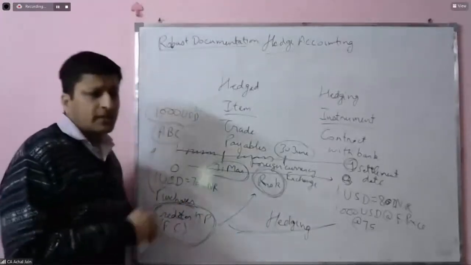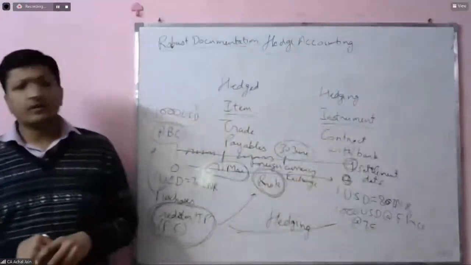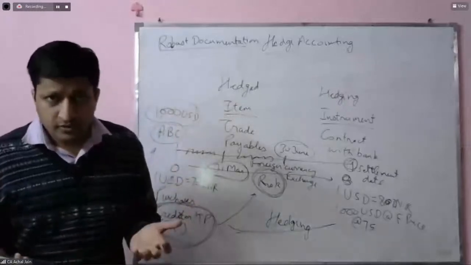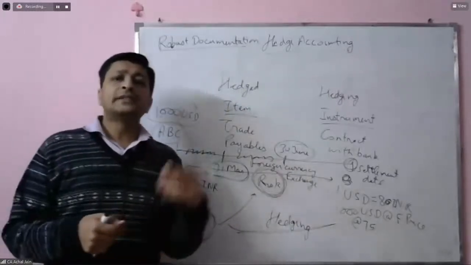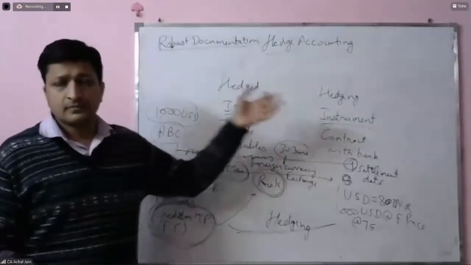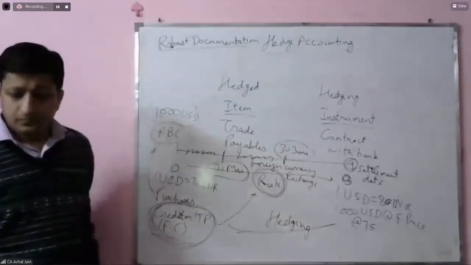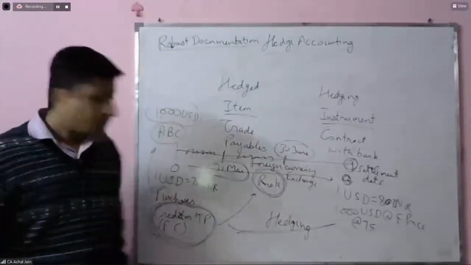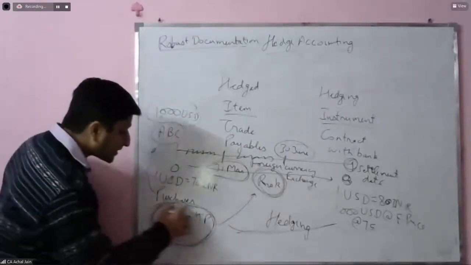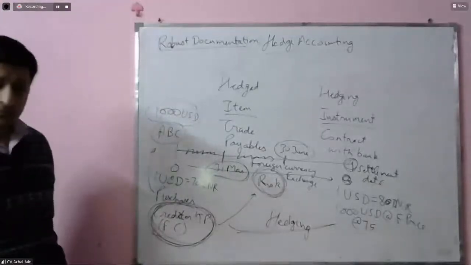Do you think that for only one transaction any entity will get into this type of contract? No. When the exposure is huge, only then will the entity think of going in for this type of hedging. Forget the hedge accounting for a time. Which means the entity will have n number of such transactions and n number of such balances.